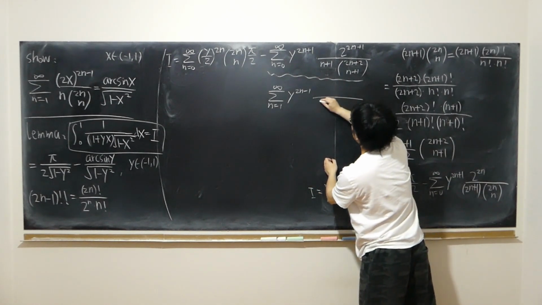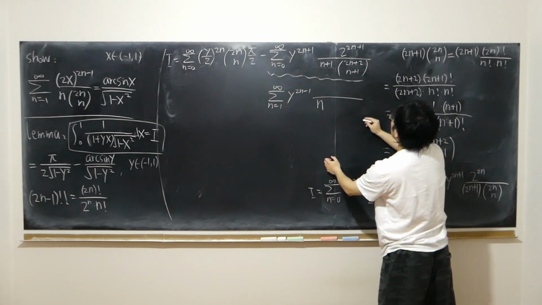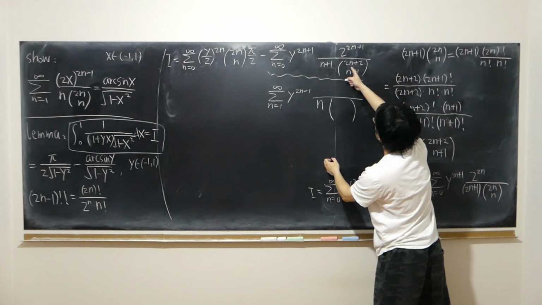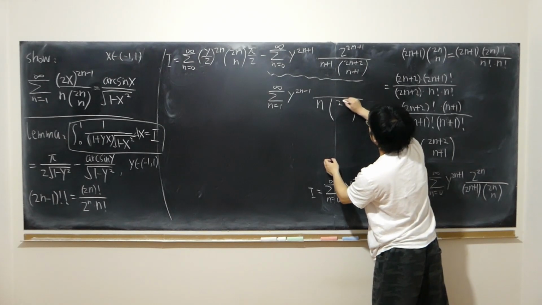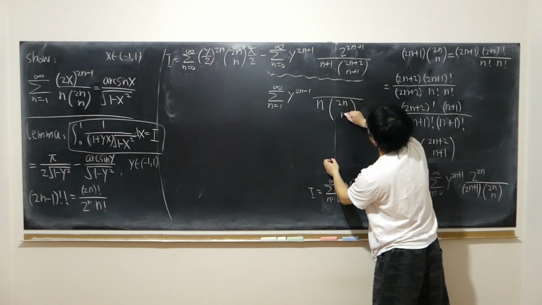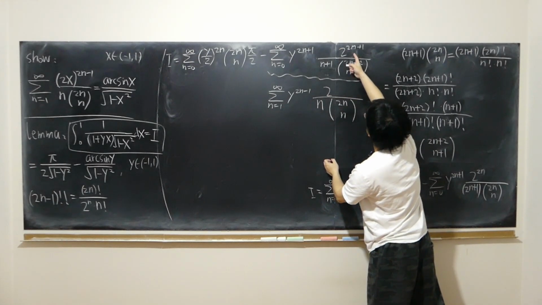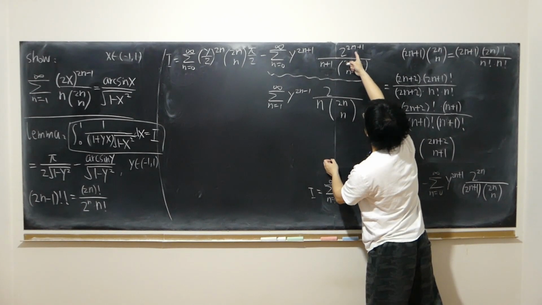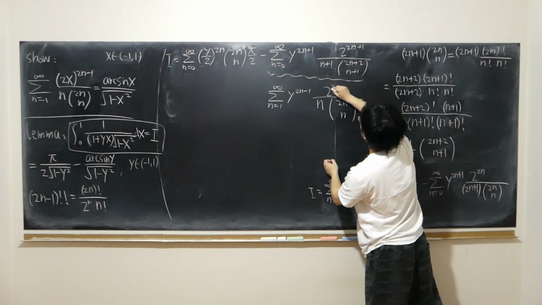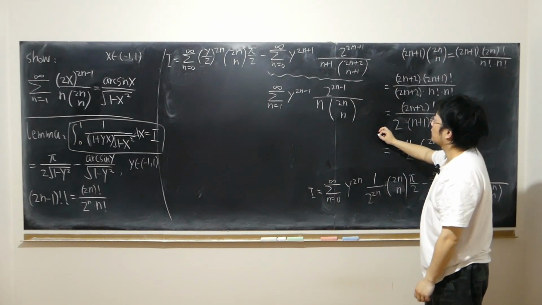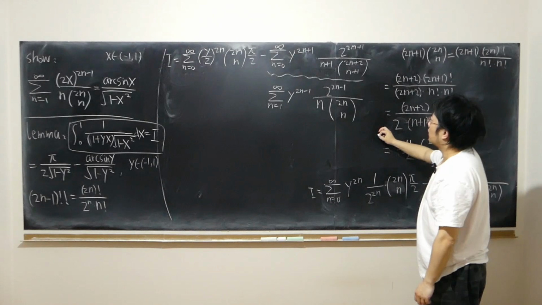So this simply becomes n, and this, 2 times n minus 1, 2n minus 2 plus 2, 2n. And n minus 1 plus 1, n. Then 2 to the 2 times n minus 1, so 2n minus 2 plus 1, so 2n minus 1 this time.